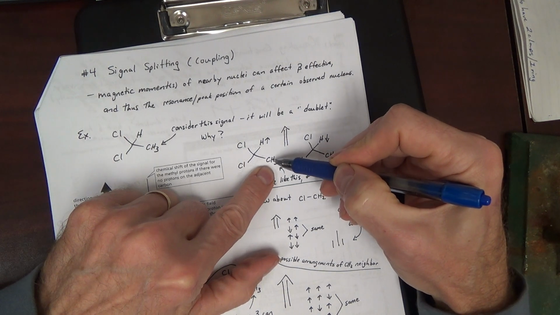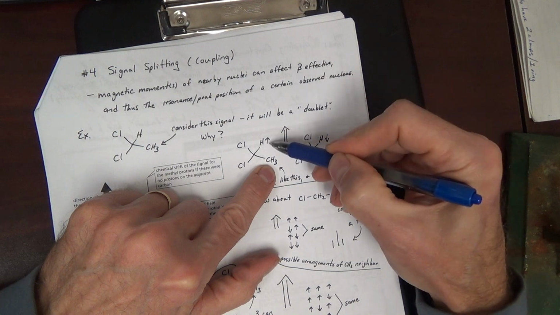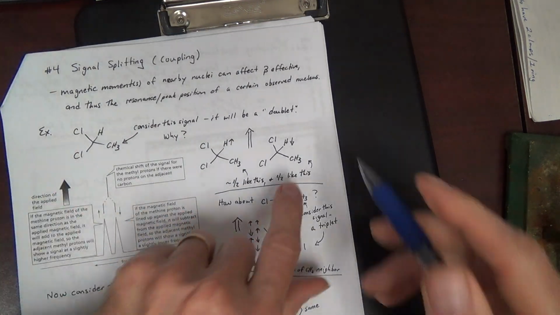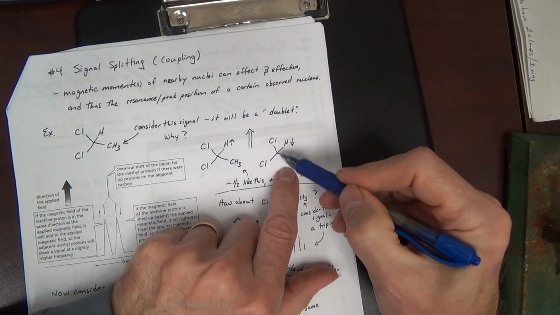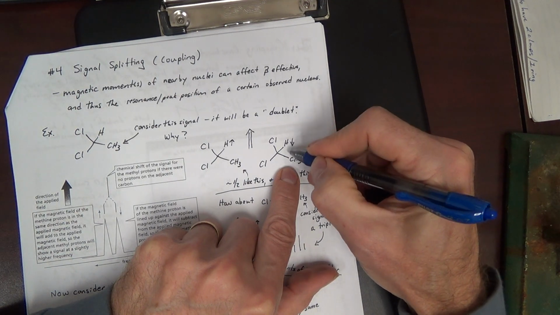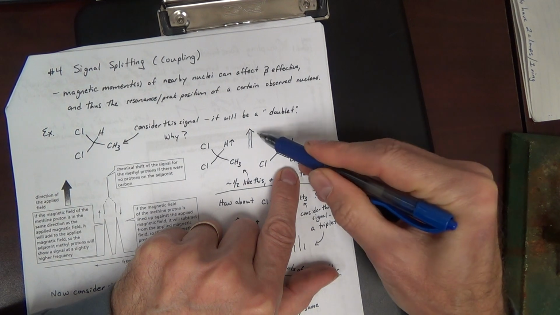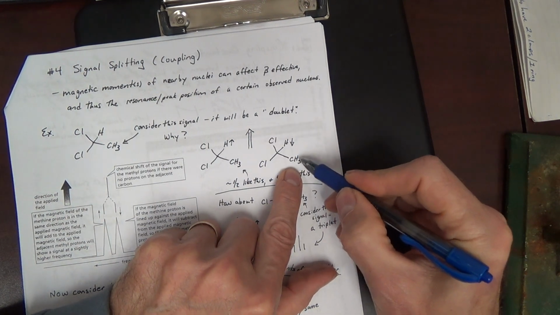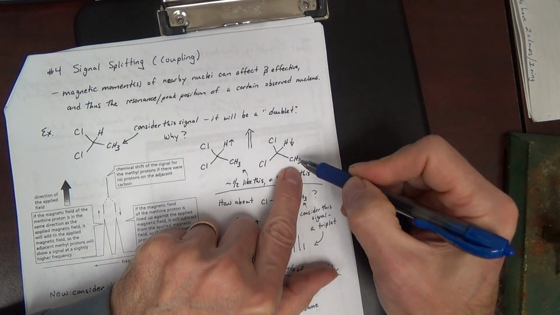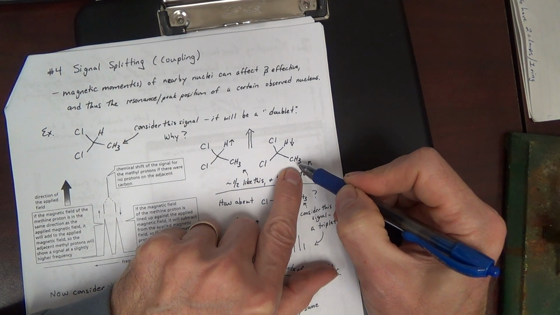And so this CH3 sees more, or B effective increases for this CH3. On the other hand, you also have molecules in which the neighboring H is aligned opposite the external field. And this is going to subtract from the external field, and so this CH3 feels a lower amount of B effective, or B effective is lower for this CH3.